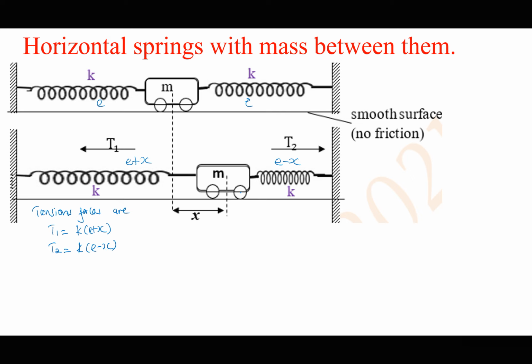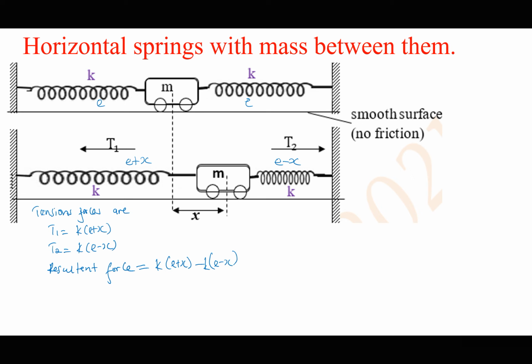The resultant force on this mass is the one which brings it to equilibrium, so it is going to be the difference between these two tensions. The resultant force is going to be equal to K into E plus x, minus K into E minus x. That is going to be the resultant here.